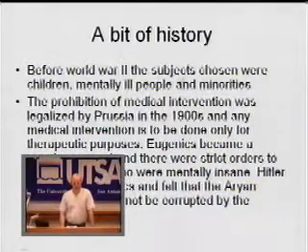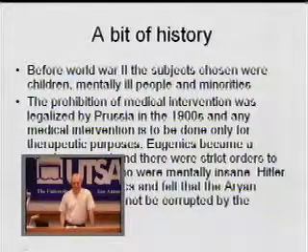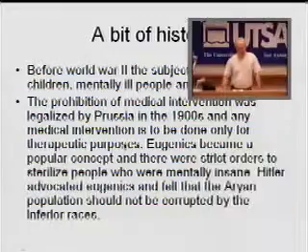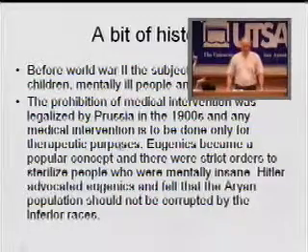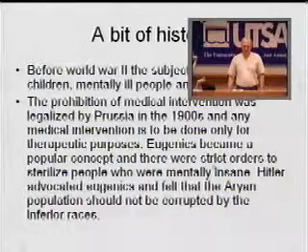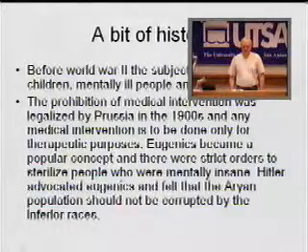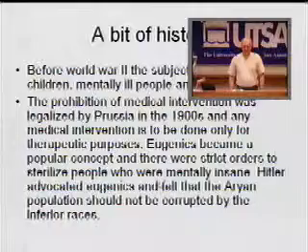So before World War II, the subjects chosen were primarily children, mentally ill people, and minorities. The prohibition of medical intervention was legalized in Prussia in the 1900s, as we said, and any medical intervention is to be done only for therapeutic purposes, and obviously this was not honored, and definitely eugenics became a popular concept, and there were strict orders to sterilize people who were mentally insane.